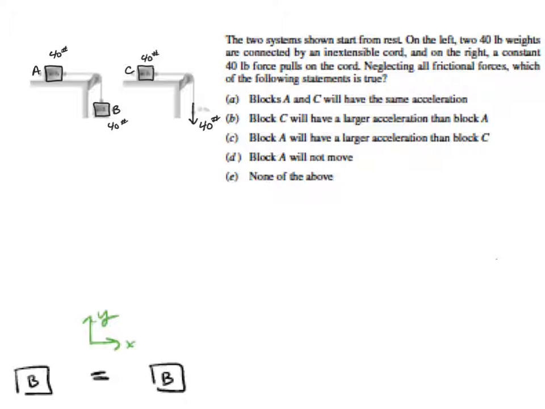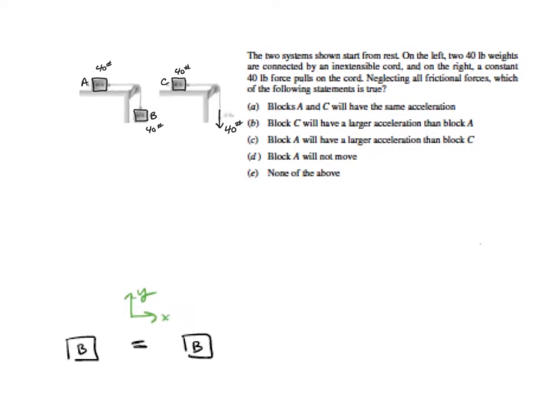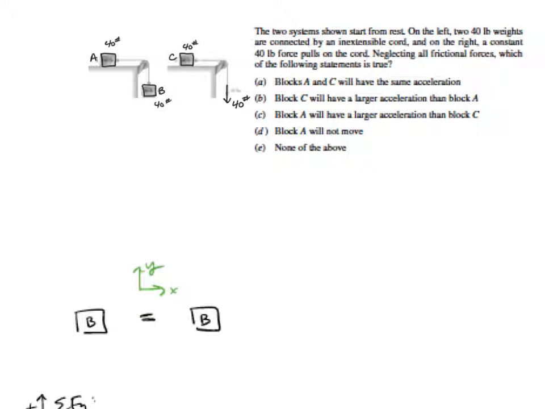So what we're asked is about the acceleration of blocks A and C. So we can see that the acceleration of those blocks is obviously going to be directly related to the tension in the cable, if we were asked to neglect all friction forces.